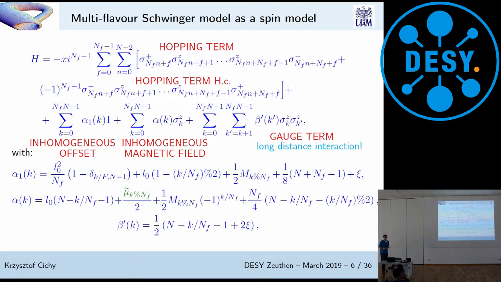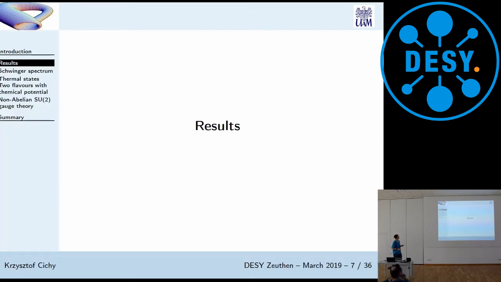So this is a long distance interaction. The gauge part gives rise to a long distance interaction. And also one more thing, if you want to include the chemical potential, it comes very easily. So it's absolutely not more difficult, as we have in the Monte Carlo methods.